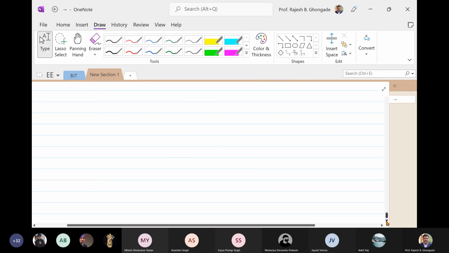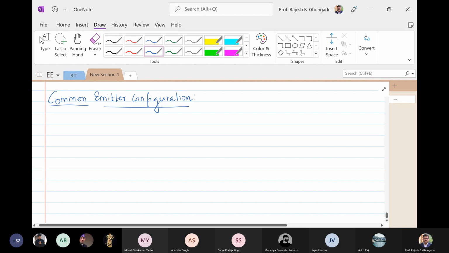Okay, so now we have finished with the common base configuration. We'll start with common emitter configuration. So let me fetch the figure again.